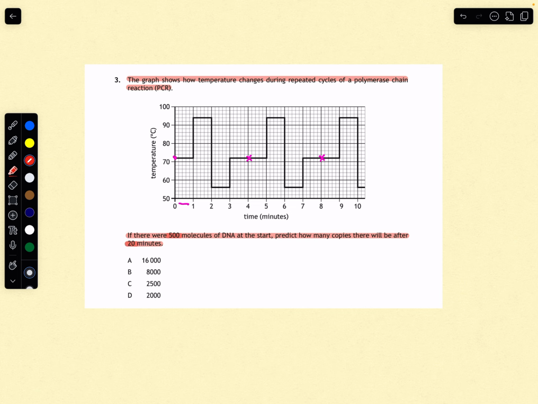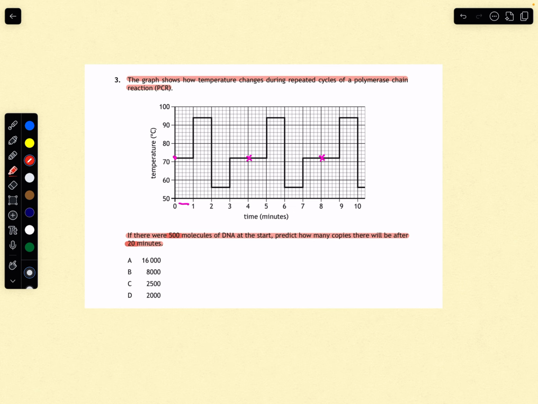Right. So, as we know, each cycle takes 4 minutes, and this process is going to be carried out for 20 minutes, so there's going to be 5 cycles running. Now, as a rule, the number of copies at the end of the first cycle is going to be double what you start with.